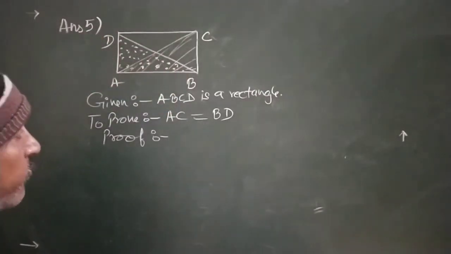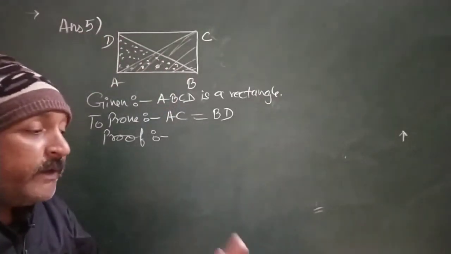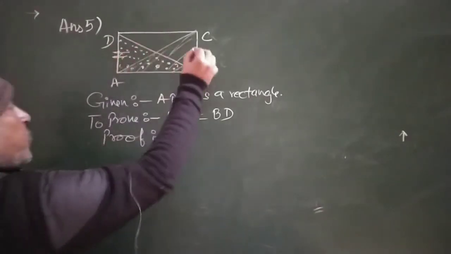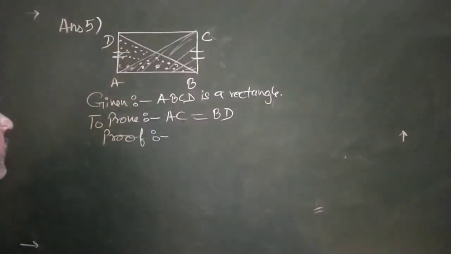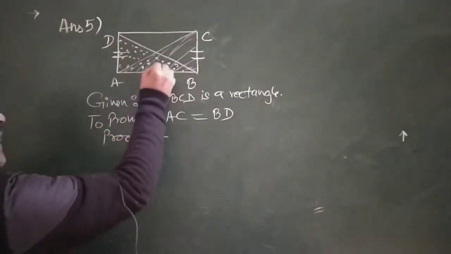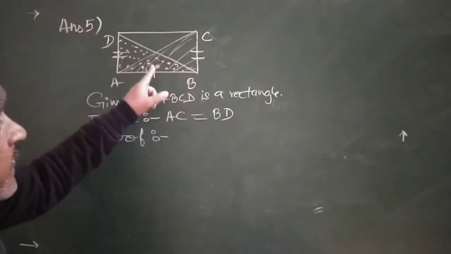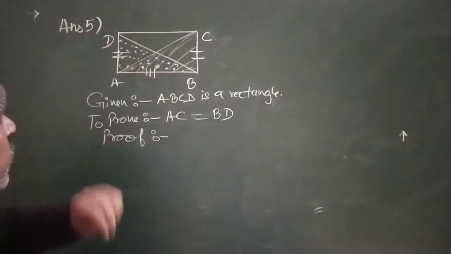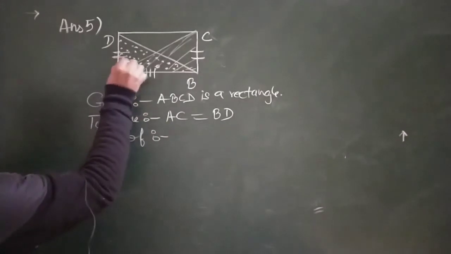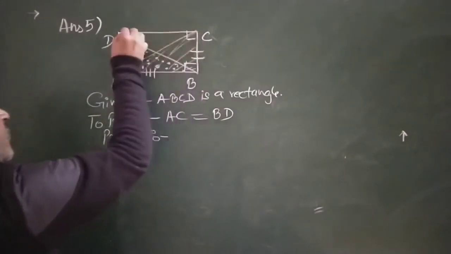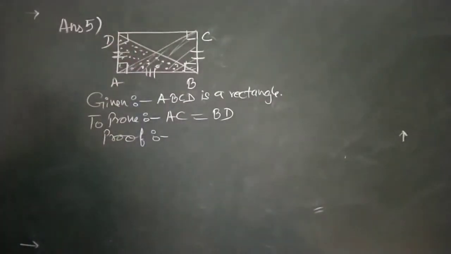Now what we have to do? We have to see three things equal. We all know AD will be equal to BC, because opposite sides of a rectangle are equal. AB equals AB, because AB side is coming in both the triangles, so it is a common side. One more thing we needed: angle A will be equal to angle B, because all the angles of a rectangle are right angles.